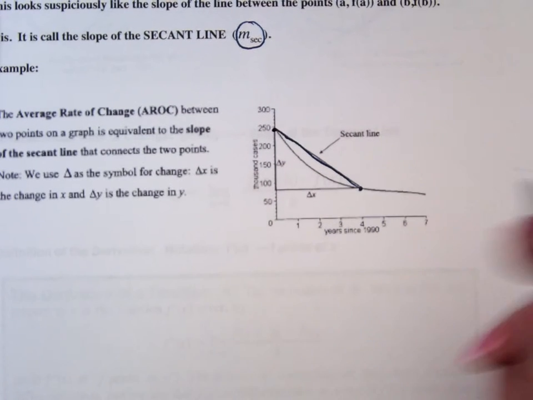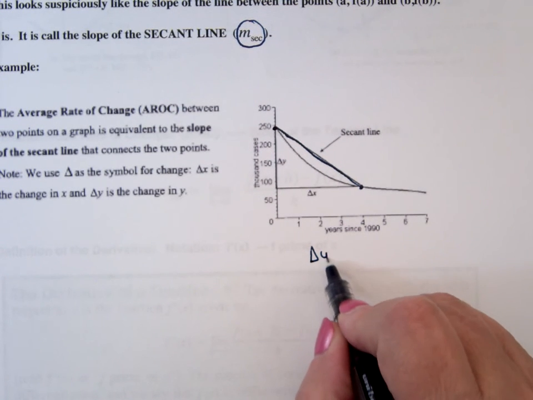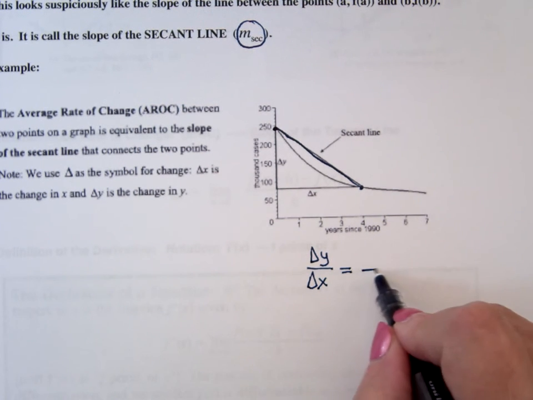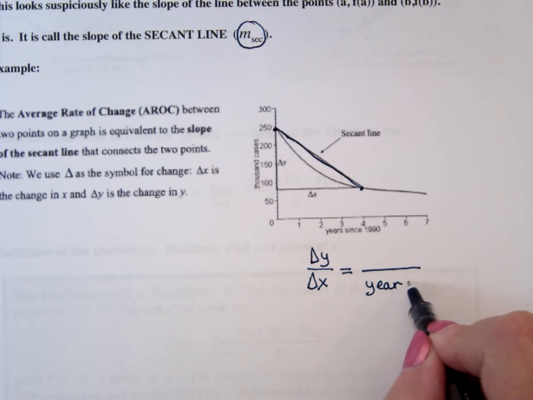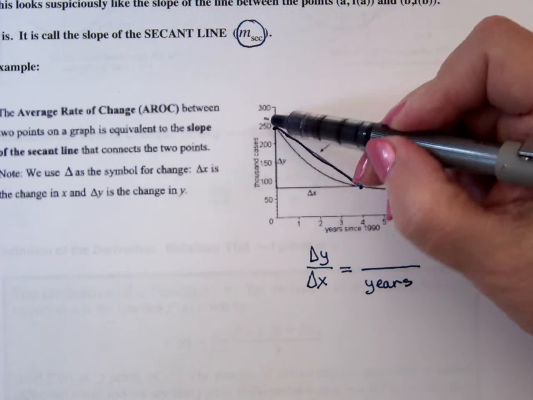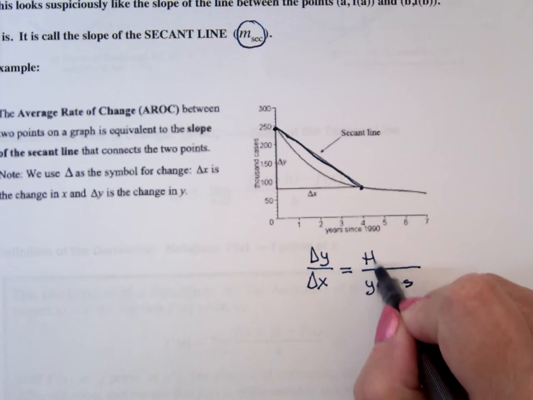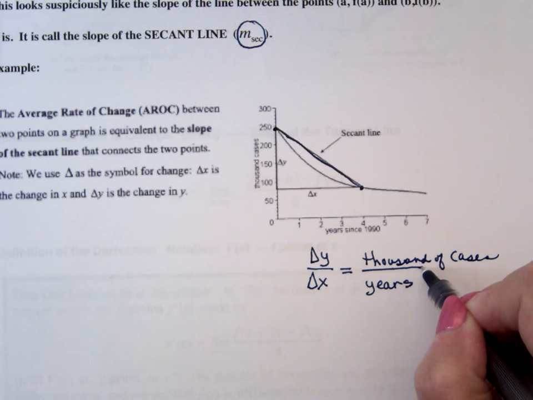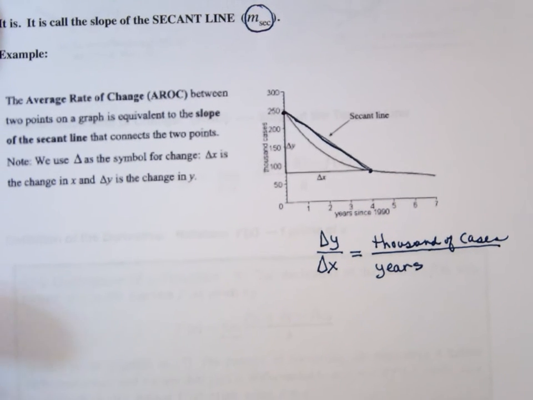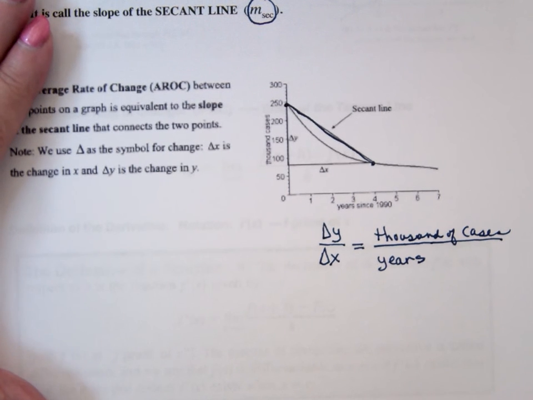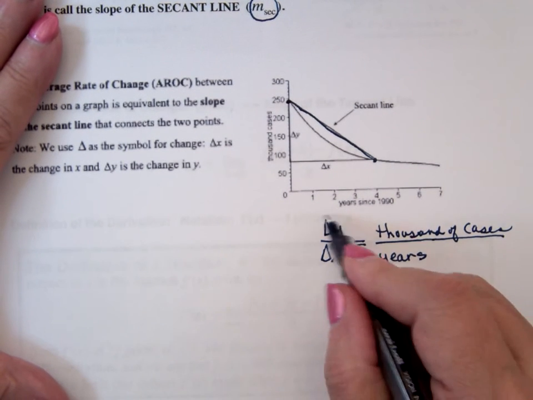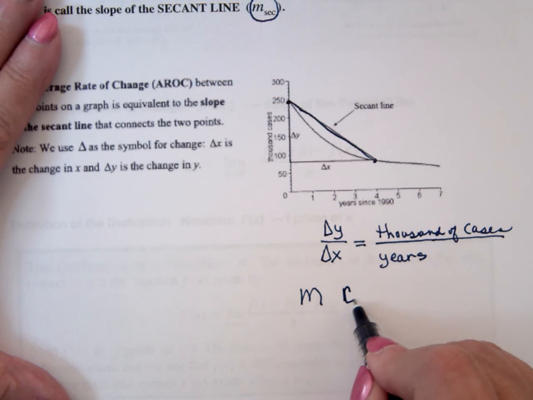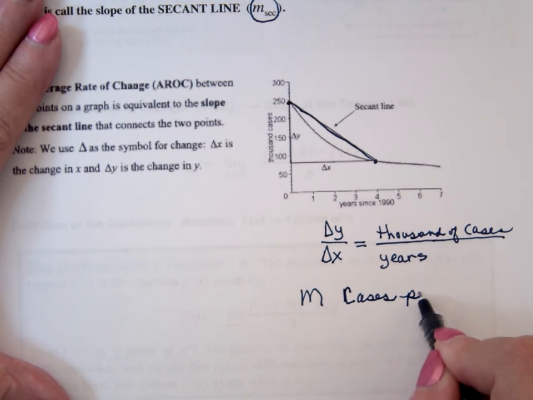Well, if I'm looking at this particular instance here, if I look at delta y, and that's the notation I'm going to use for change, over delta x, that is years, and y looks like 1,000 of cases, and the reason why we look at this as being a rate of change is I could write whatever the number is, and the units would be, we'll just make it simple, cases per year.